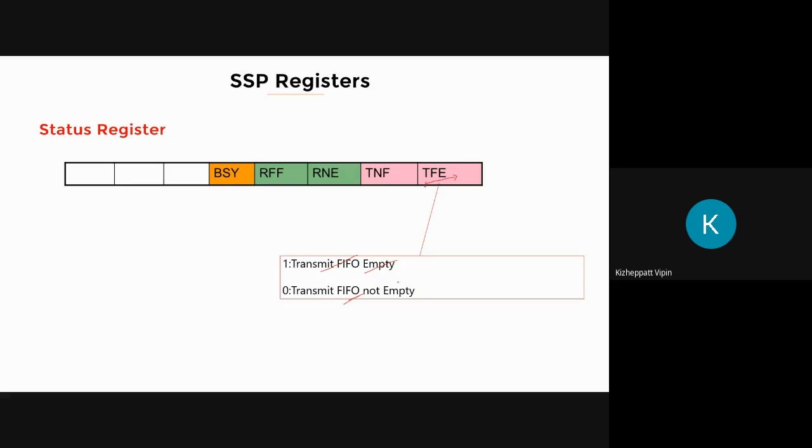But what we really care about is this one: transmit FIFO not full, transmit FIFO full. What is this bit's significance? What decision will you make based on this bit? This is important. Because when you are writing to a FIFO, what you are worried about is whether the FIFO is full or not.